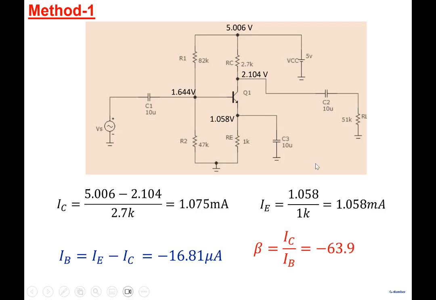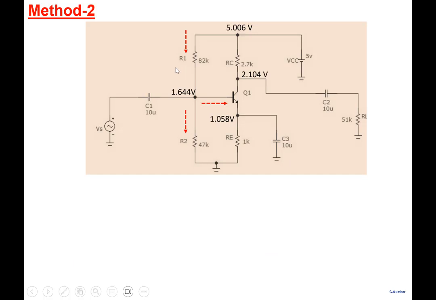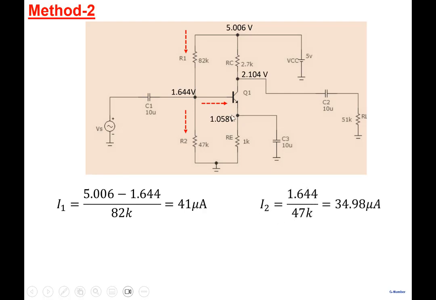Let's go to method 2. Method 2 was: calculate this current, take the difference, calculate the base current, and then take the ratio. So I1, 41 microamperes. I2, take this here, 34.98. Take the difference, 6.02, and we get 178.5.